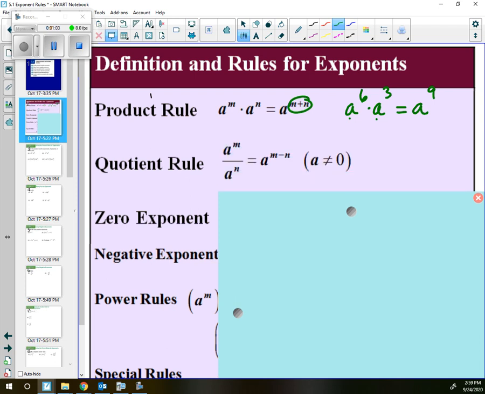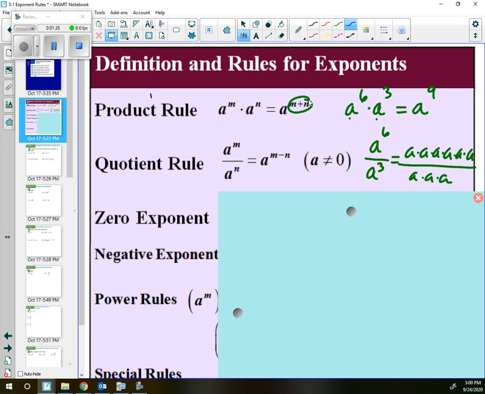Quotient rule is very similar, but instead of adding the exponents, we subtract the exponents. Why is that? When you're dividing, quotient means divide, remember, we are dividing out common factors. So let's do a to the 6th divided by a to the 3rd. You're going to have a multiplied times itself 6 times, over a multiplied by itself 3 times.